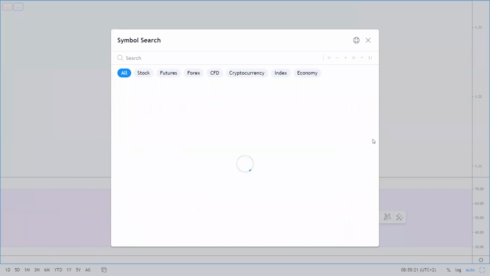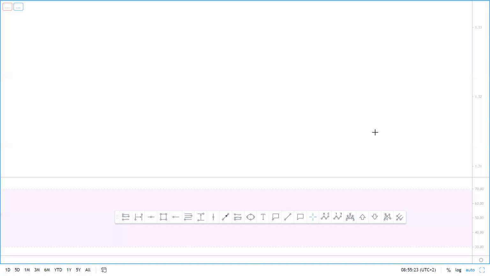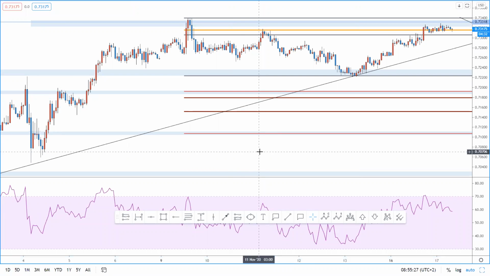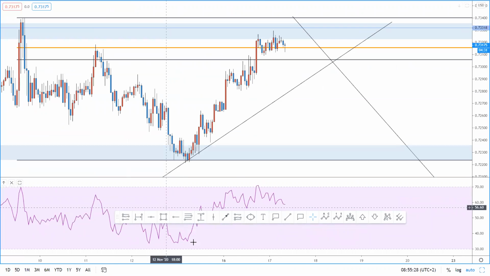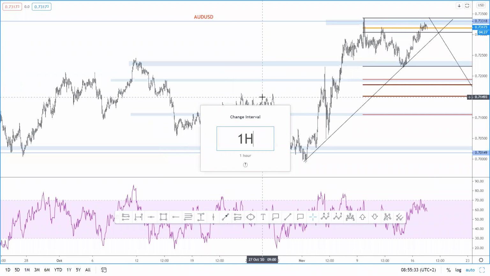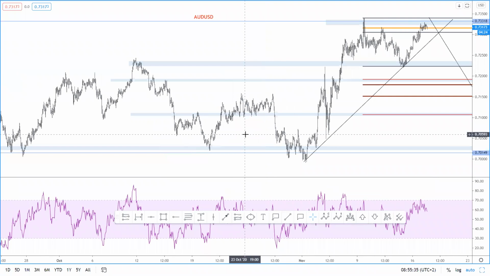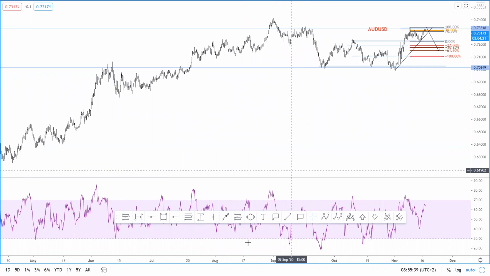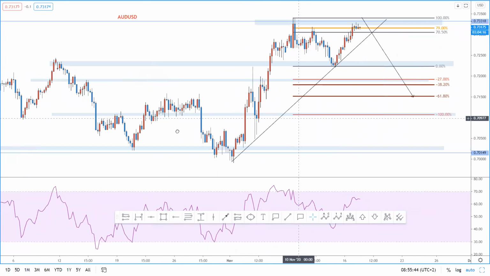AUD/USD, same thing. This is what happens when you understand correlation. When you understand correlation, it makes it easier for you to know what to trade and when to trade.